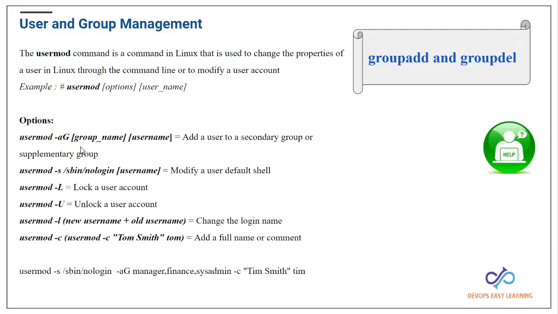When you create a user in Linux, Linux automatically creates a group called the primary group. If you want to add that user into a secondary group, you need to use the append option, which is the -a in -aG.